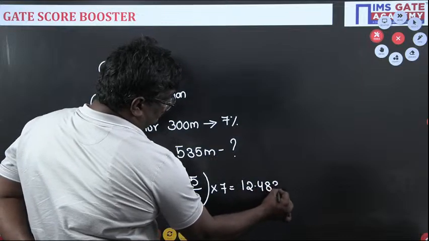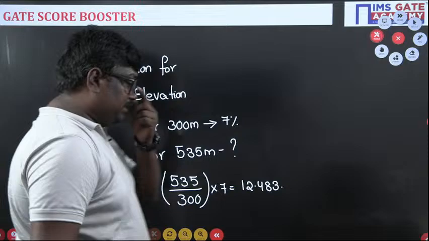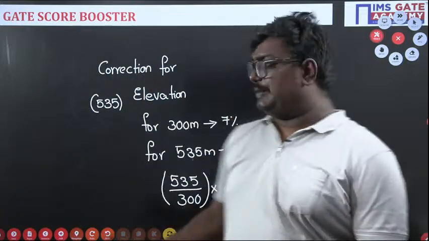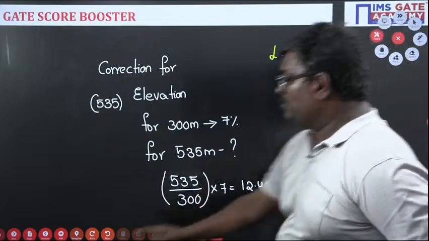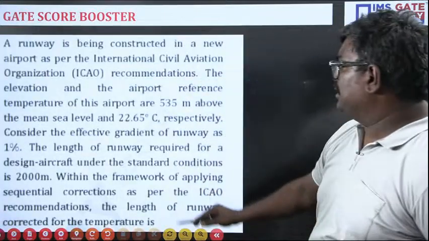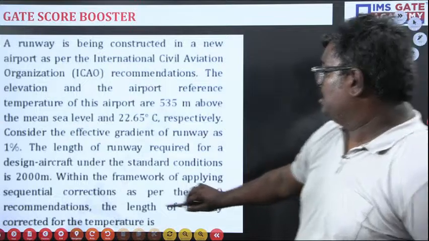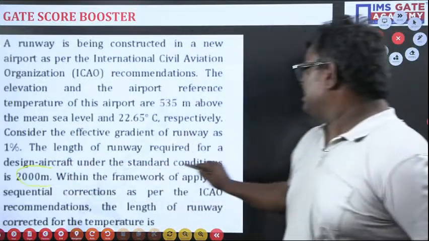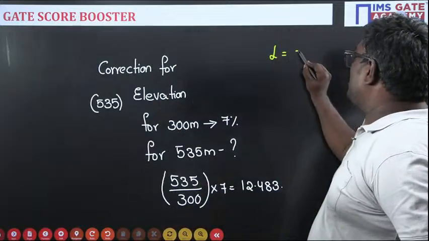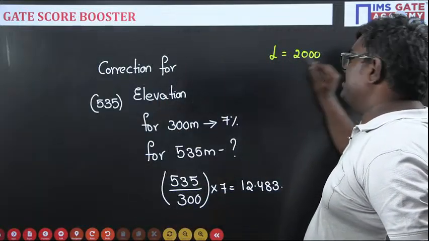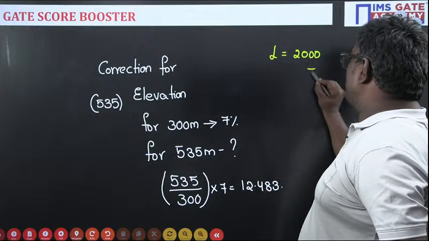12.483. Okay. Now see students, they have given the basic runway length as how much, sir? They have given 2000 meter. The length of runway under basic standard conditions is 2000 meter. Now, after applying the correction for elevation, it is 12.483 percent.